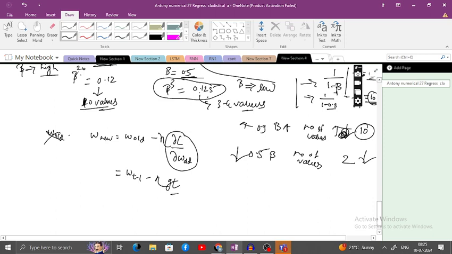So Wt is equal to, what is this new weight? I will call it Wt. New weight is equal to the previous condition, W t minus 1, minus eta into this differentiation.